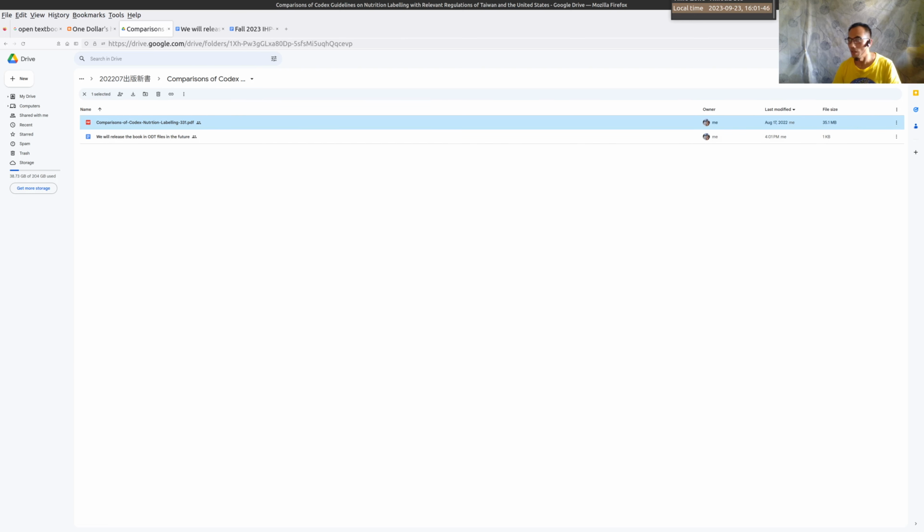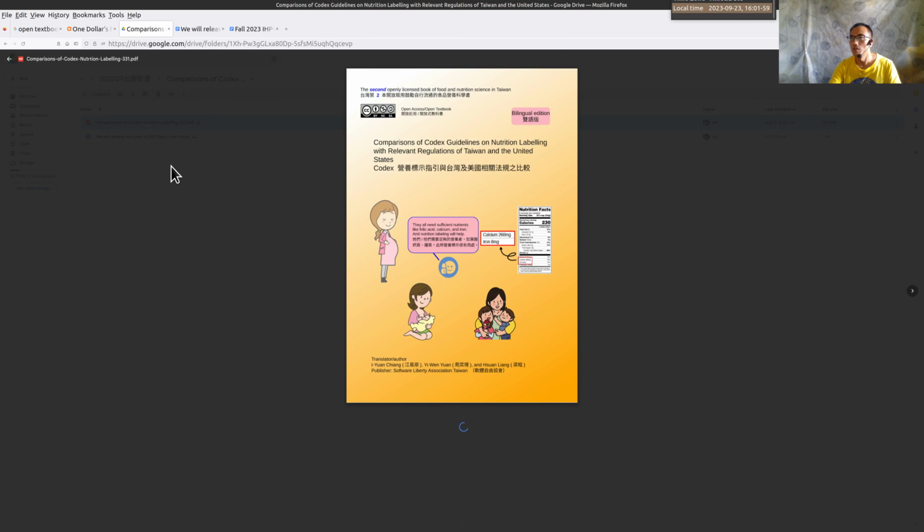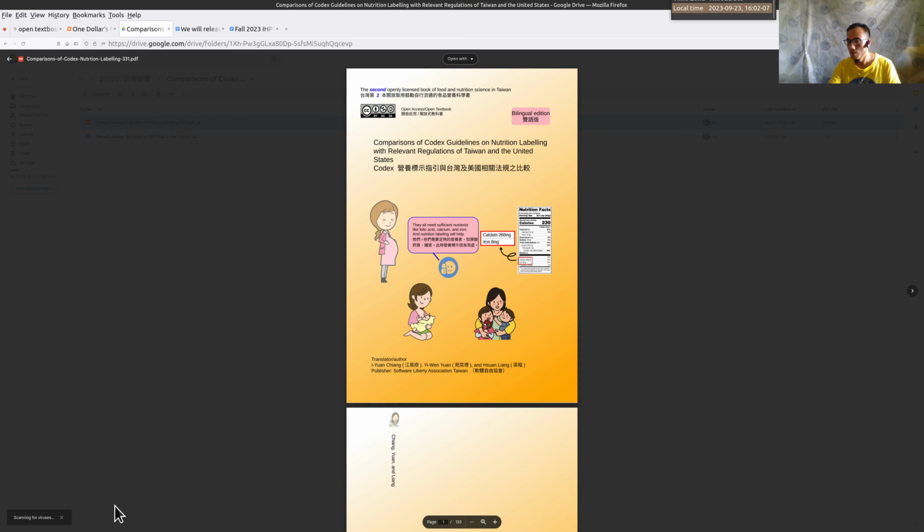Done. Okay, let me check my folder. Okay, let me check it. No, not yet. Click it and click download. Download it. Scan for viruses.